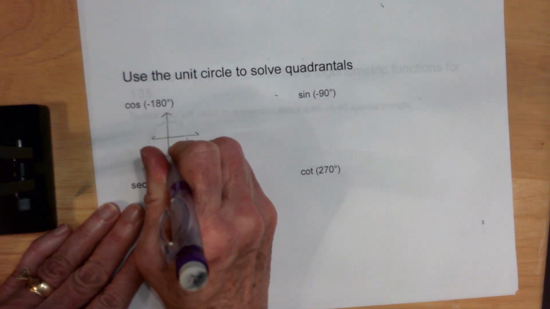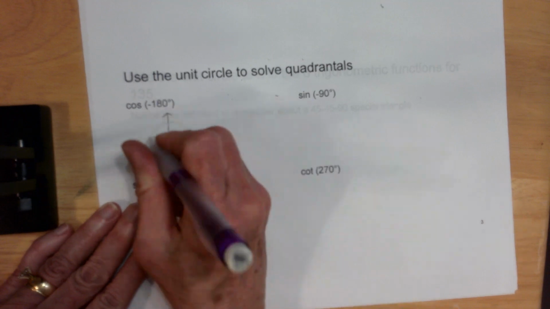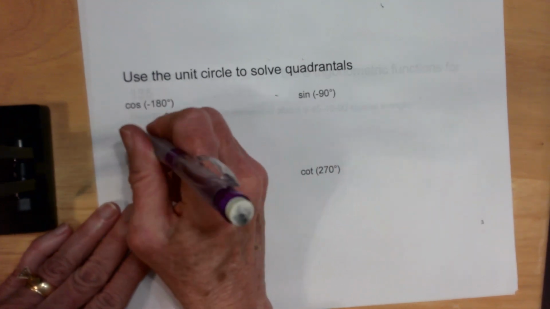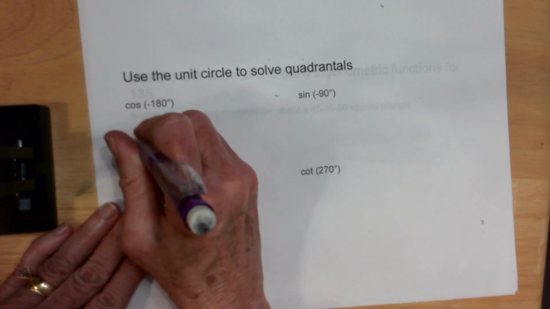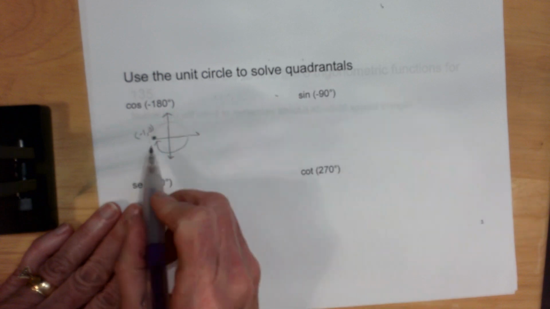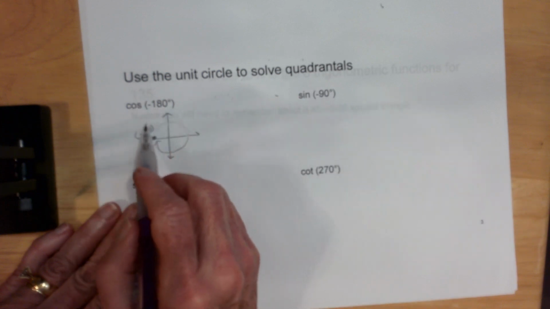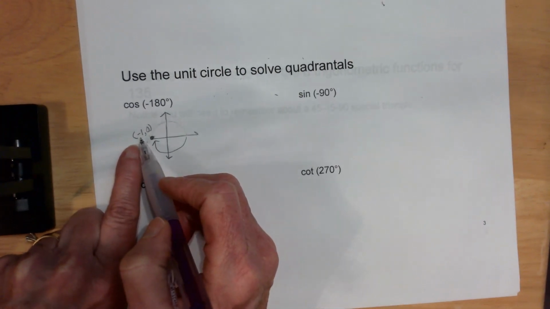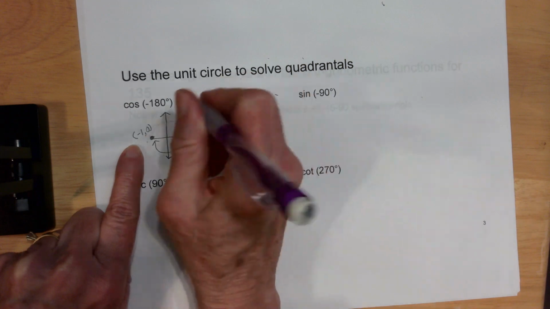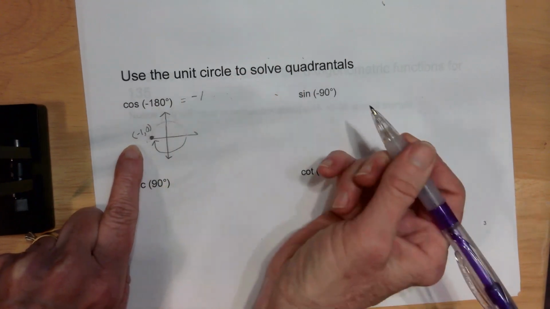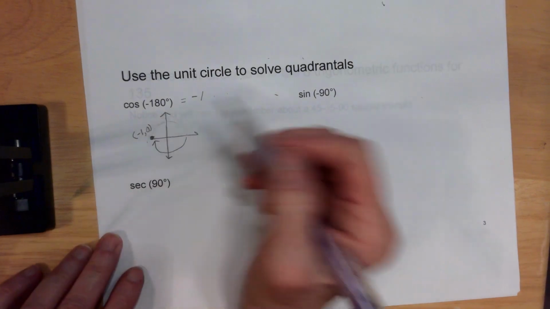If you think of your x and y value there, your x value is negative 1, and your y value is 0. That is the point (-1, 0). Remember, your cosine is your x, your sine is your y. So the cosine of negative 180 is negative 1, because that's my x value.